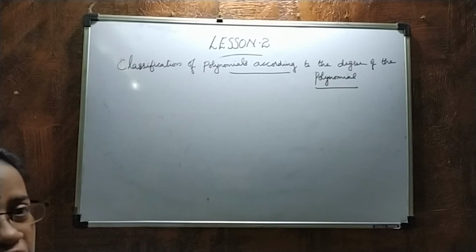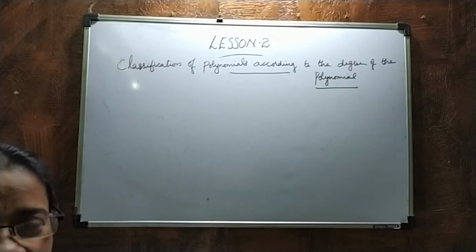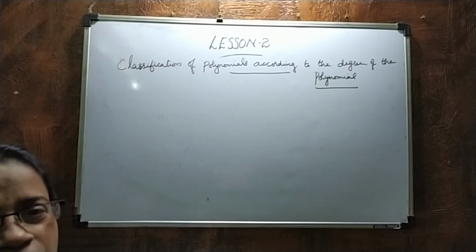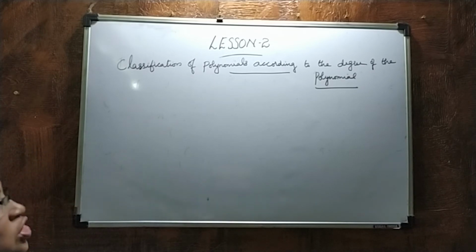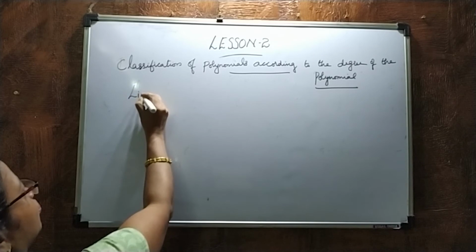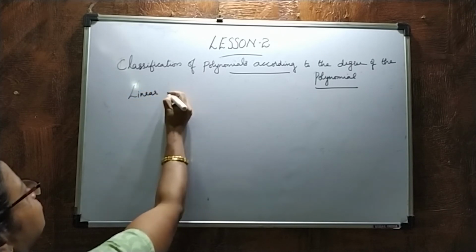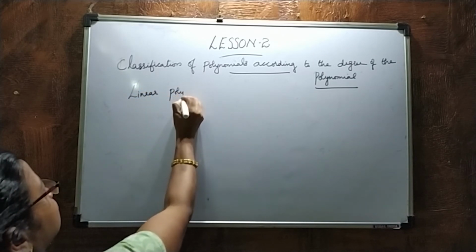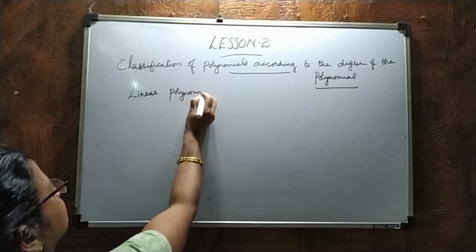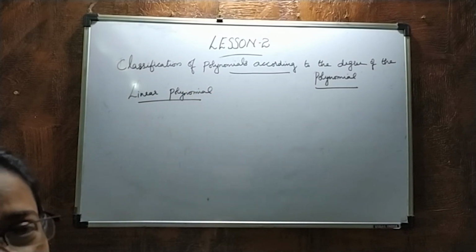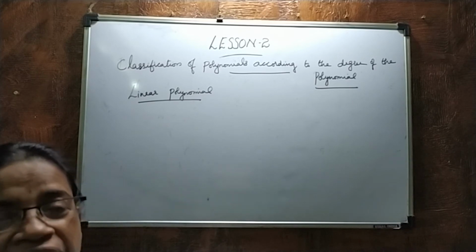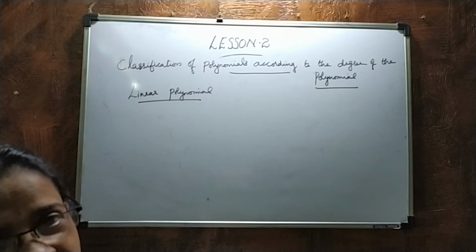First one, linear polynomial is there, quadratic polynomial is there, cubic polynomial is there. What is a linear polynomial? That is the first one. A linear polynomial is the polynomial which is having the degree as 1.